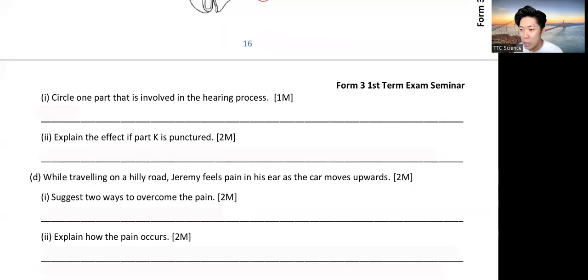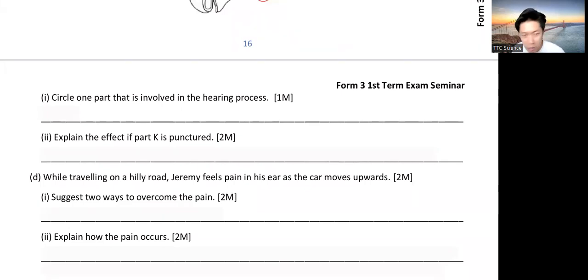Eardrum punctured, then cannot transfer vibration to the ossicles, or cannot transfer vibration to the middle ear. 1 mark. Second mark, only then you write what you wanted to write just now, which is loss of hearing and whatnot.